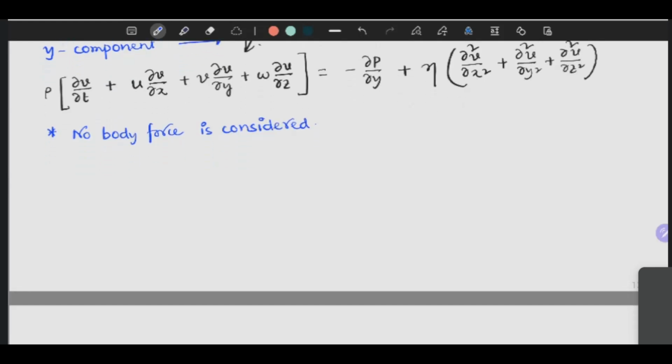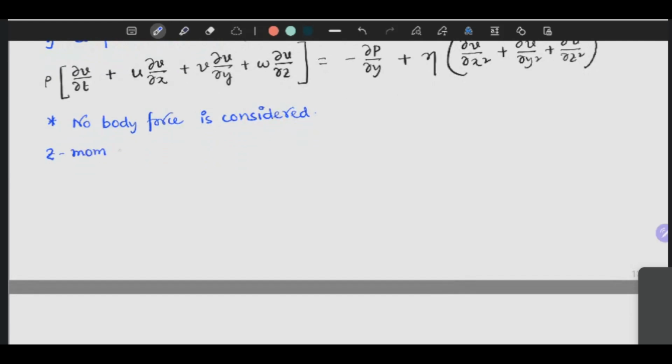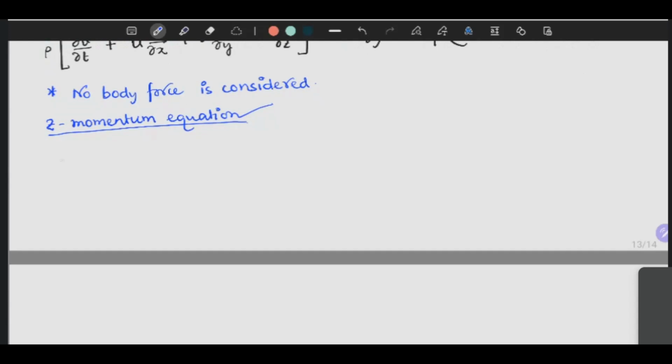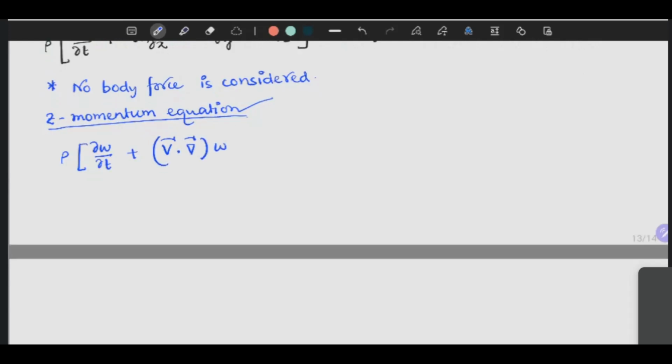So the z momentum equation in compact notation will be rho (dw/dt plus capital V dot grad w) is equal to minus dp/dz plus eta Laplacian w.